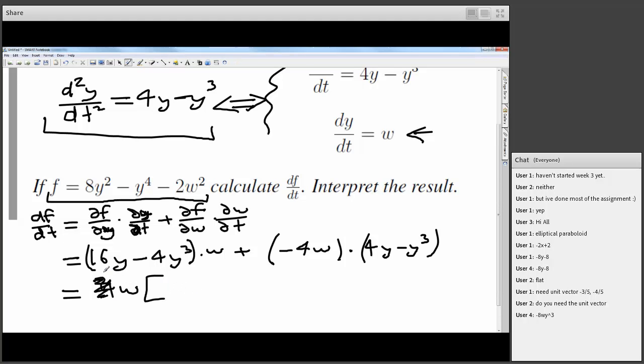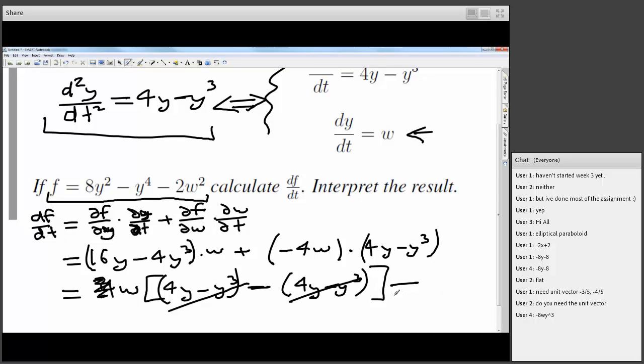So I've got 4y minus y cubed as the first term, times 4w. The second one has a 4w as well, so minus 4y minus y cubed. So instead of trying to expand everything and simplify, factorise where I can, and those two terms are the same, and you get 0 as the answer. Thank you very much to someone for trying, but the answer is 0.